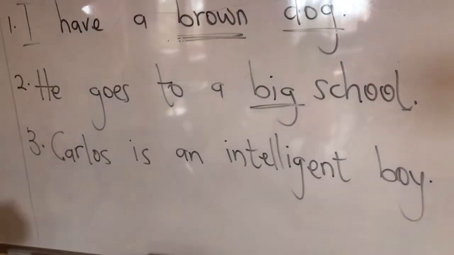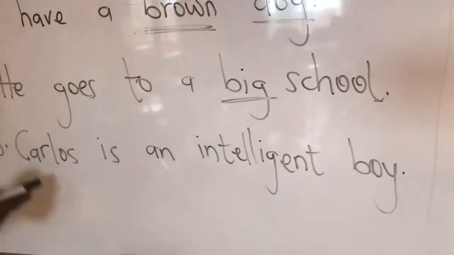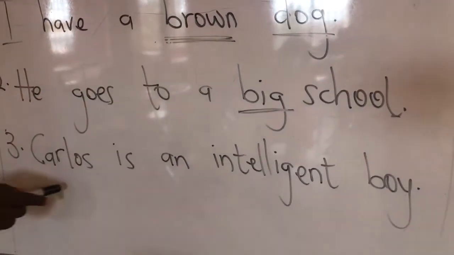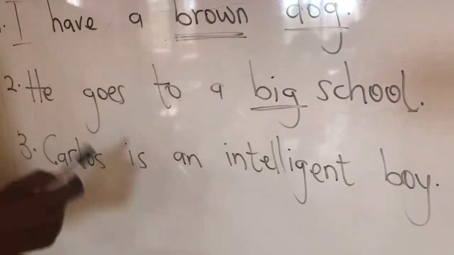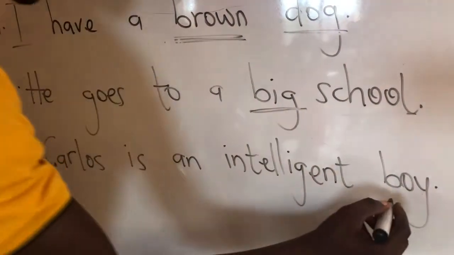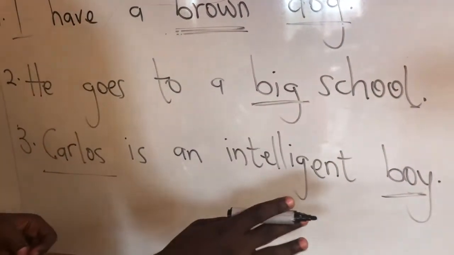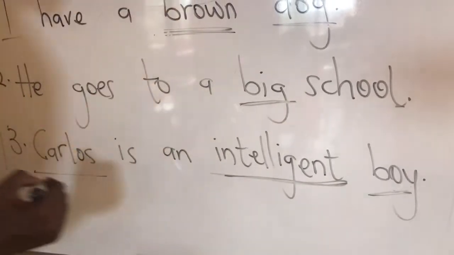Okay, let's look at this now. We have Carlos is an intelligent boy. We can say Carlos is a boy. But Carlos is not just any boy. Carlos is a noun, but he's not just any boy. Carlos is an intelligent boy.